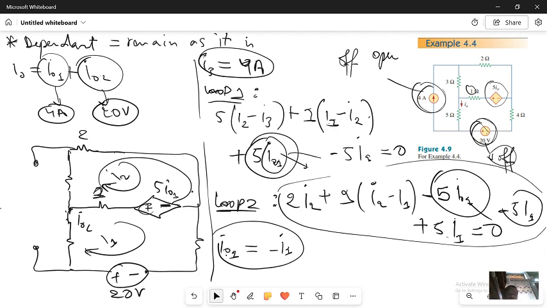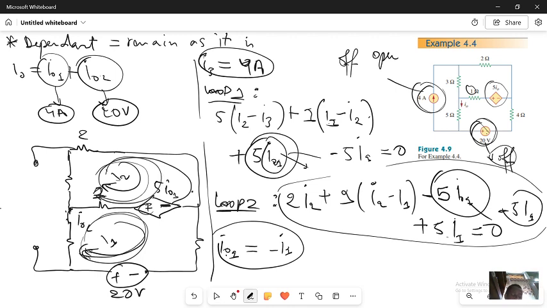Now I have I02. Which method am I going to use? I can use some method. Mesh, I can use here again. If I use it here, I can determine I1 and I2. And if I determine I1 and I2, the value of I02 is going to be minus I1. We already saw the video on how to use the mesh analysis.